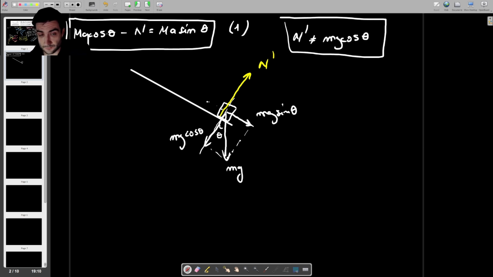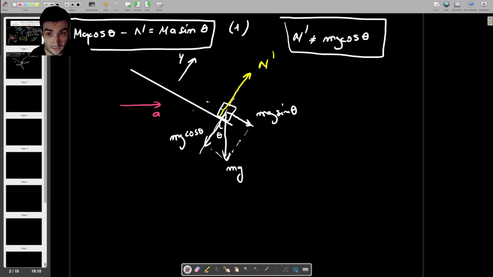And what we can say is that n prime, so in this case, let's pick our coordinate system. So I know this wedge is going to accelerate like this. So for convenience, purely for convenience, you don't have to do it this way if you don't like. You can choose any other coordinate system direction that you want.